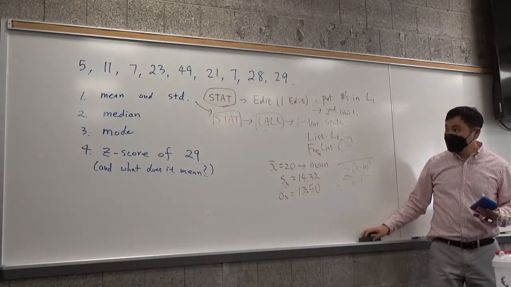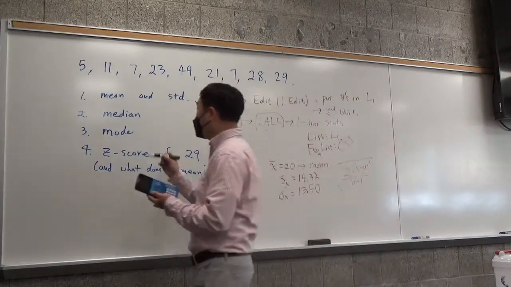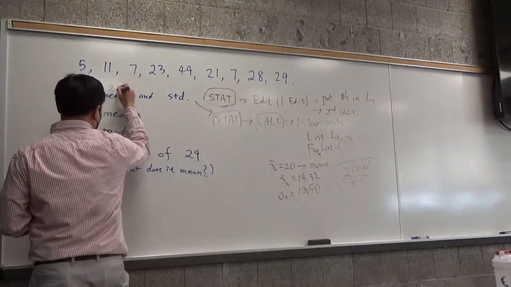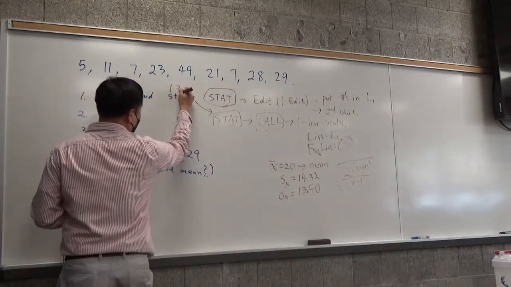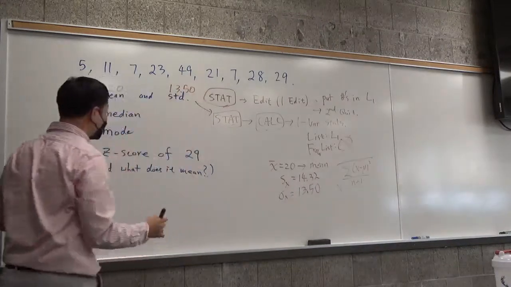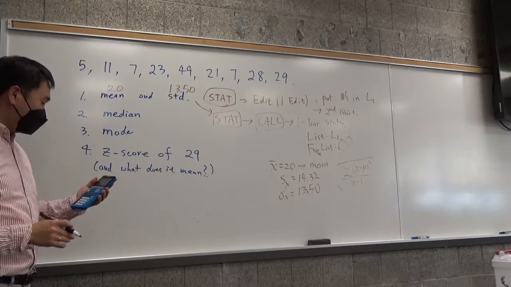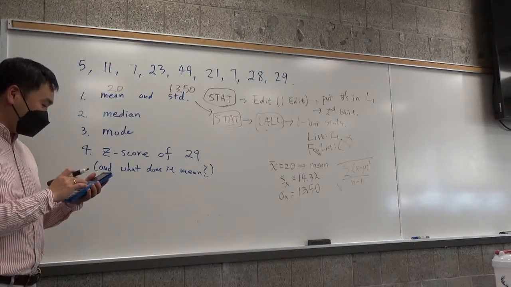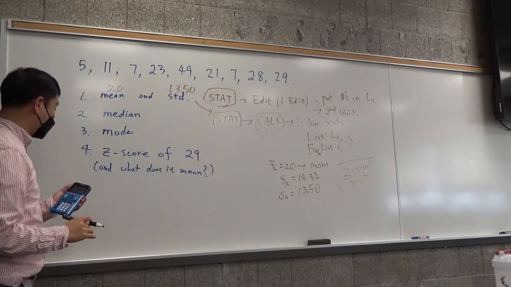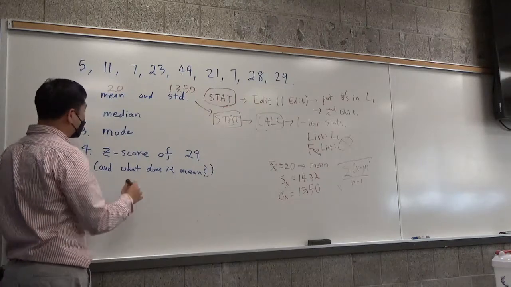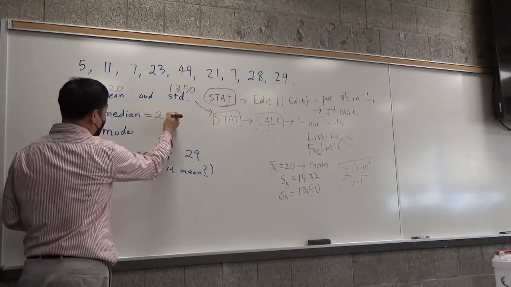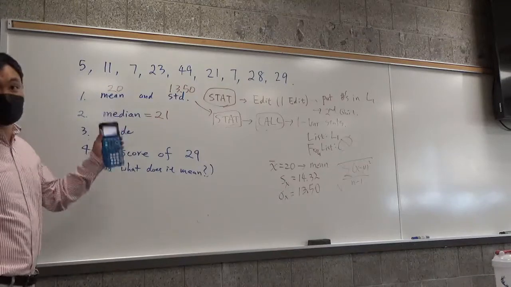Okay. So the answer for the first one is mean would be 20, standard deviation is 13.50. Now I thought that the one variable stats doesn't give you the median, but it does. That's interesting, okay? So the median is 21, according to my calculator.